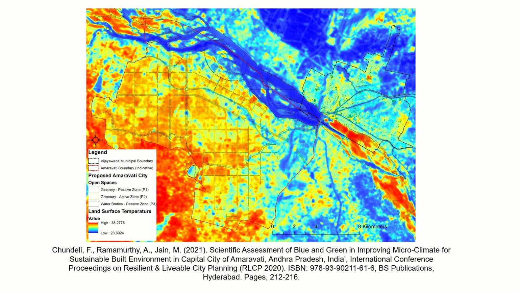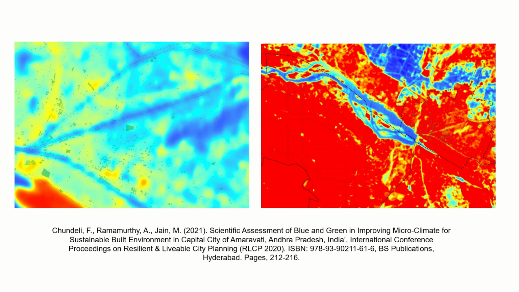So this is how we use land surface temperature, not just for giving an overview of urban heat islands, but we are specifically looking at, let's say, this blown up result.